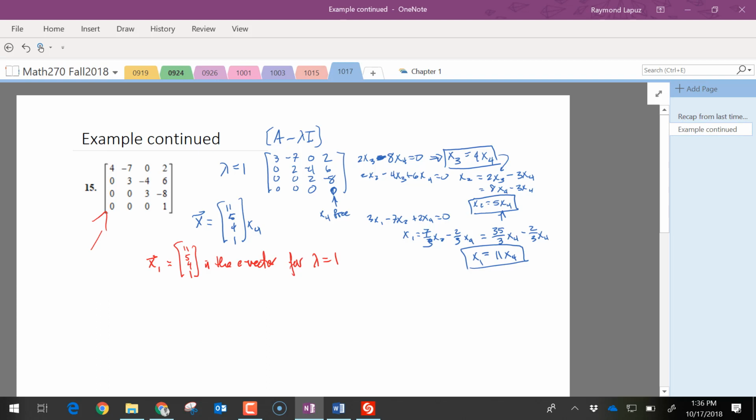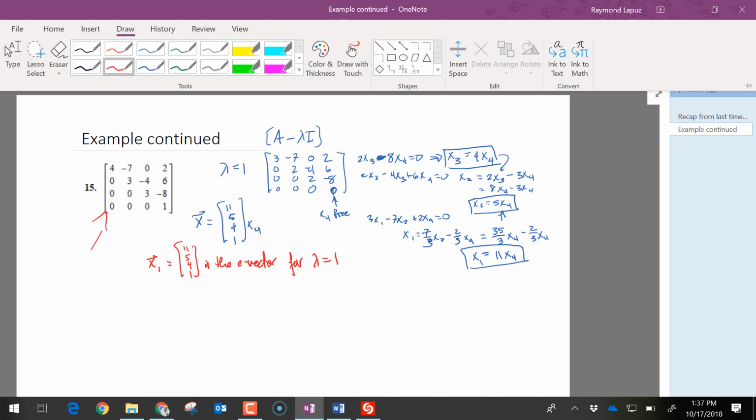We want the null space of the A minus lambda I matrix, which is different from A. Is it similar to parametric vector form when you're expressing it? It's exactly the parametric vector form, except when we get a free variable, we're going to call it T or something. But here, we'll just keep it at x4.